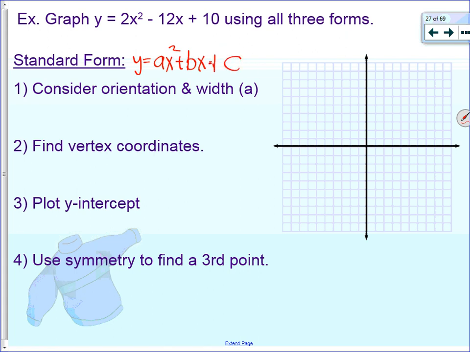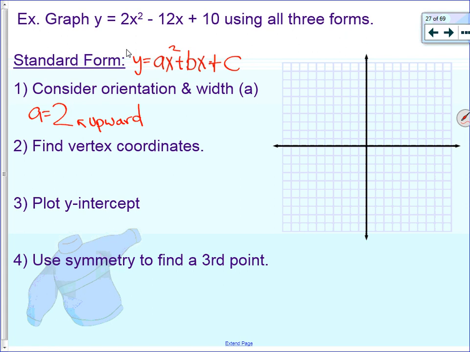Now, to find the coordinates of our vertex, the vertex is a key point in our parabola. We use the equation x equals negative b over 2a. Well, negative b in this case is 12, because b is negative 12. 2a is going to be 4.